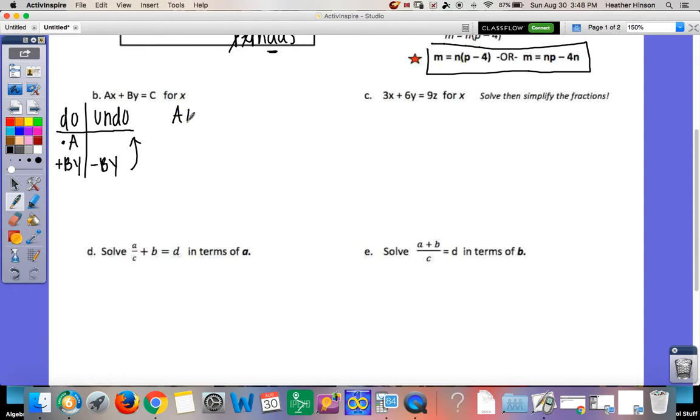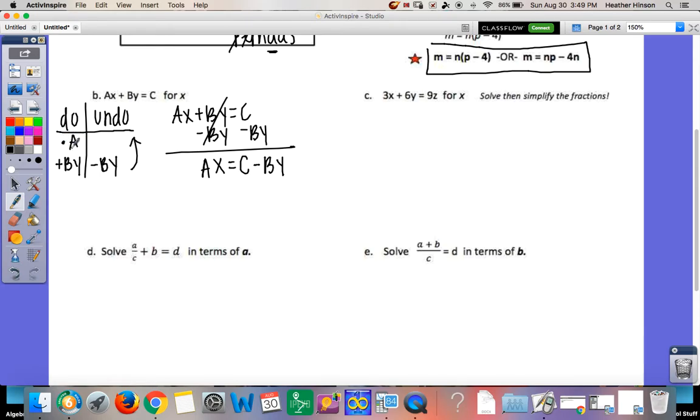So I'm going to write it again over here. Instead of plus by, we're going to subtract by to the other side. It'll cancel it out on this side. We just bring down our ax, and then we subtract it over here, c minus by. There's never really going to be a lot to combine on these. There will be a little bit, but most of the time you're just going to write it out. You're not going to have to combine any like terms for the most part.